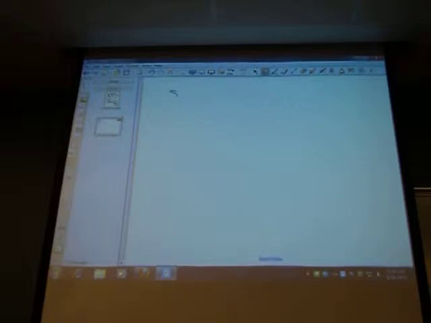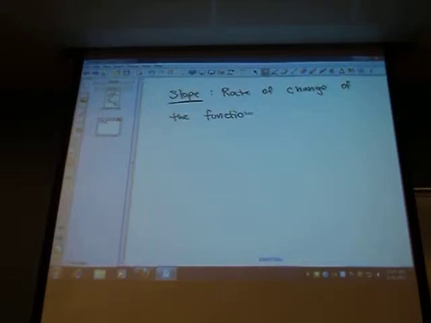Okay, so let's talk about slope. Slope can be interpreted as the rate of change, rise over run of the function. Whenever you see them talk about rate of change of anything, they are talking about the slope.